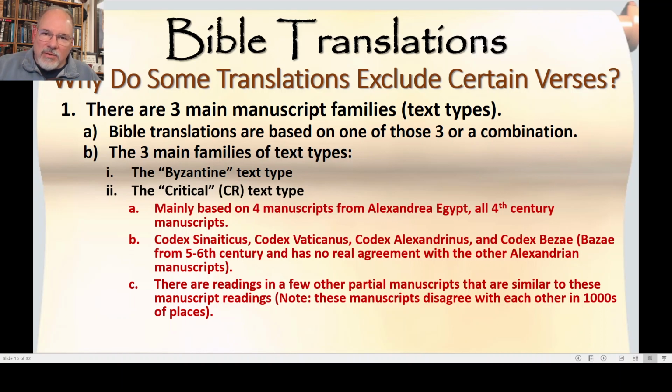This is my biggest complaint with these. There are readings in few other partial manuscripts that are similar to these manuscript readings. In other words, note these manuscripts disagree with each other, but when they create their Greek text to translate from, they have in their Greek text verses that have no manuscript representation.